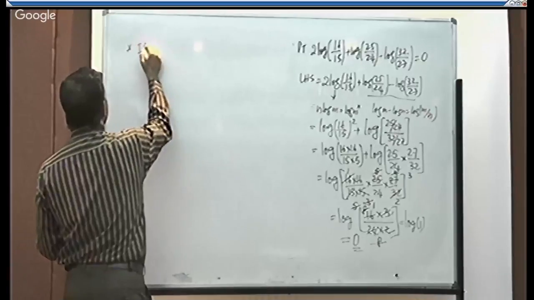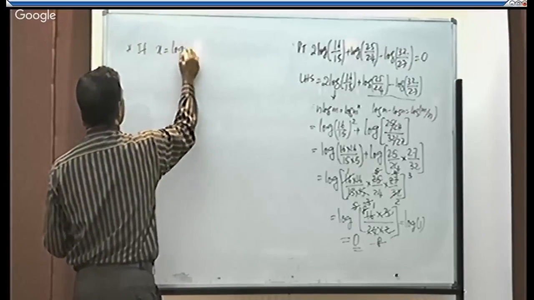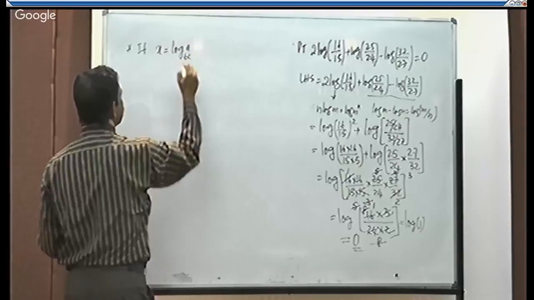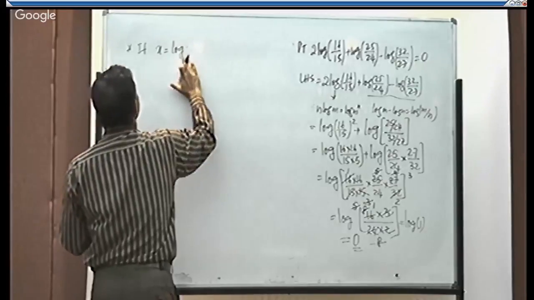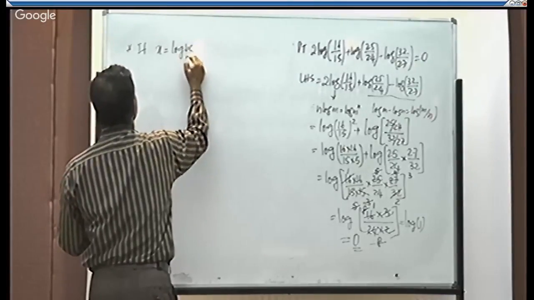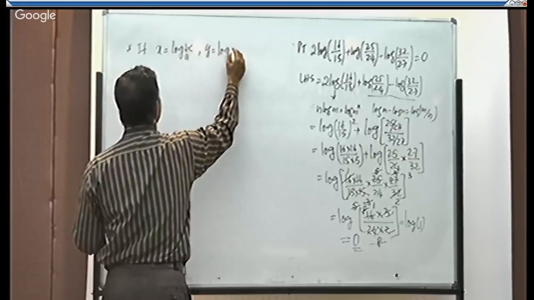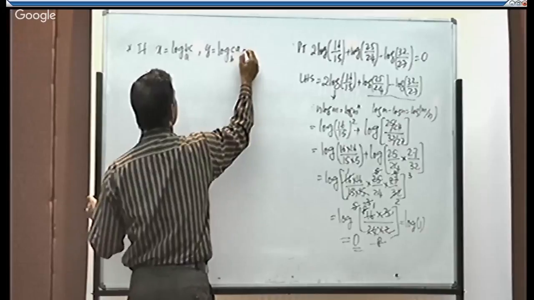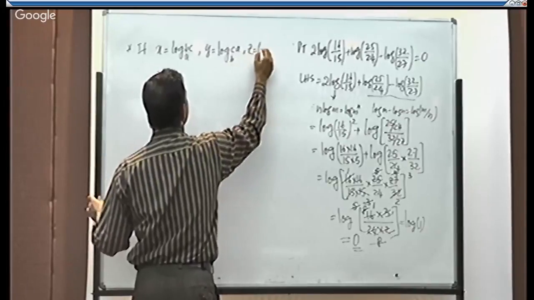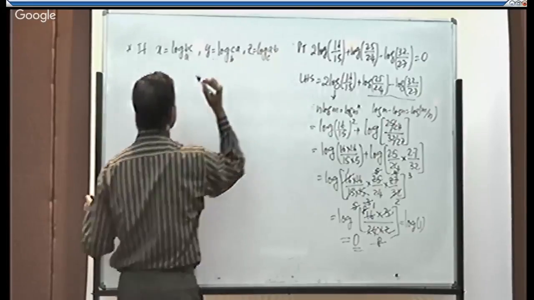Next problem, if x is equal to log of a to the base bc, log of bc to the base a, and y is equal to log of ca to the base b, and z is equal to log of ab to the base c.